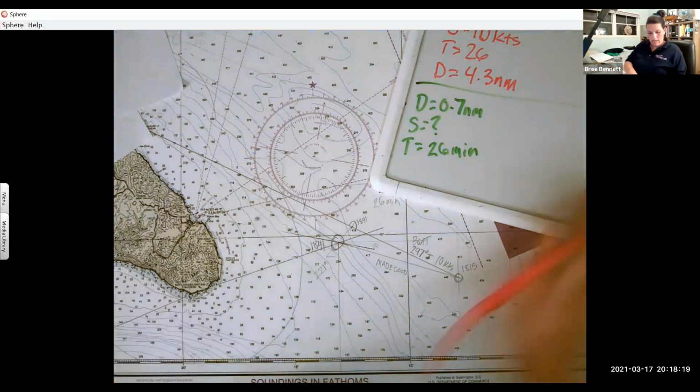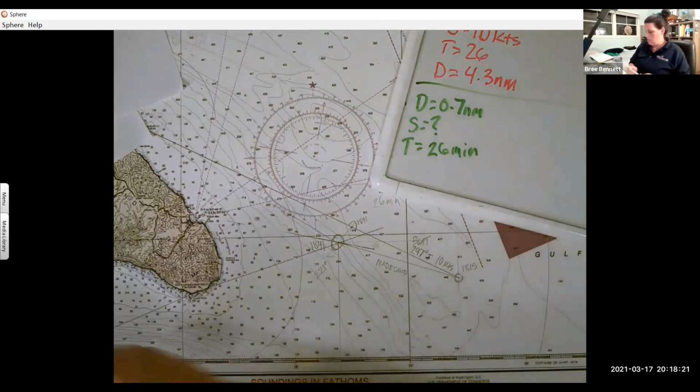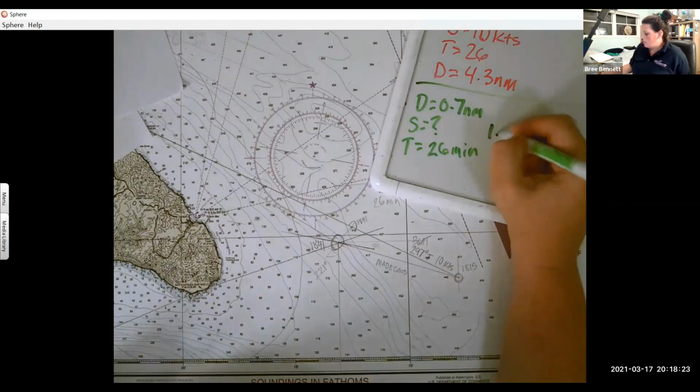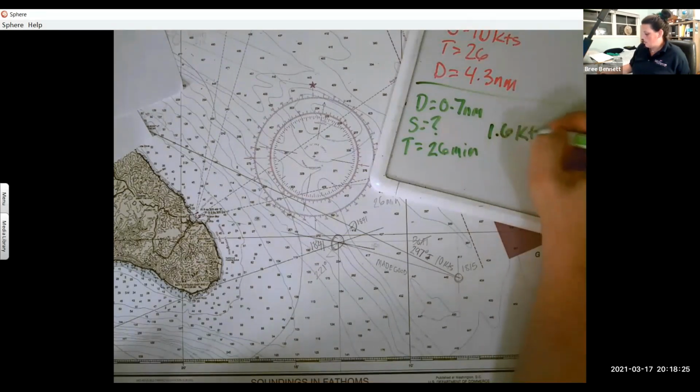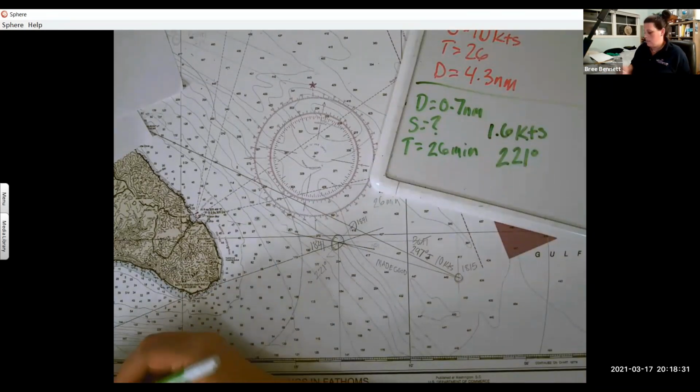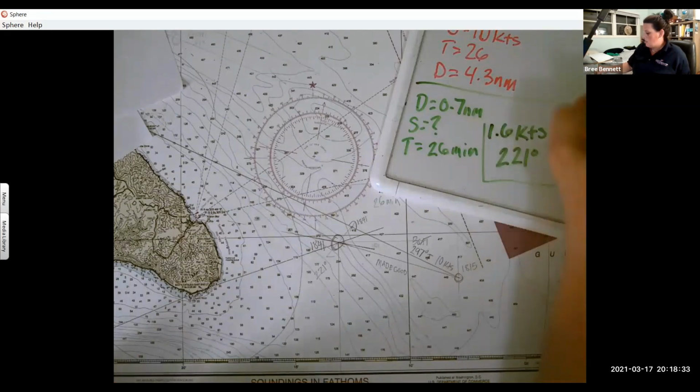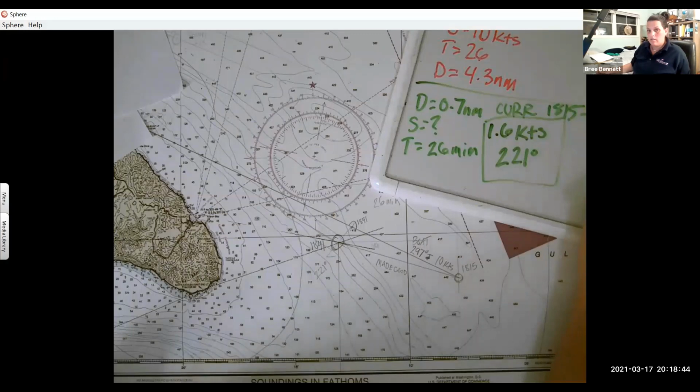So I have a current of 1.6 knots pushing me towards 221 degrees. That is my current that I encountered from 1815 to 1841.